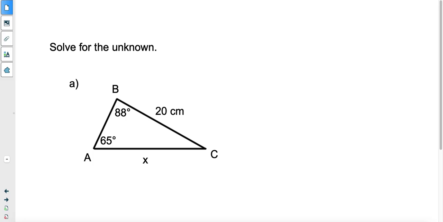In this example, we're looking for the missing side here. Before we do anything else, let's label the different sides we have. First of all, I know my angle A here is 65 degrees. The side across from angle A we label with a lowercase a.